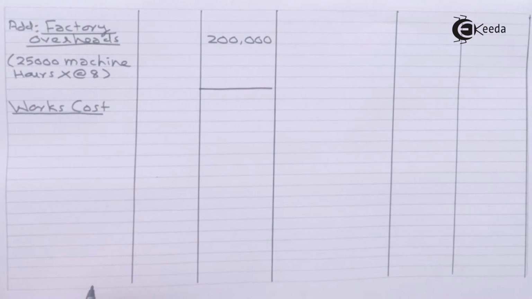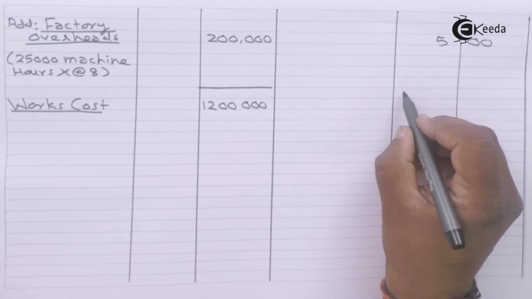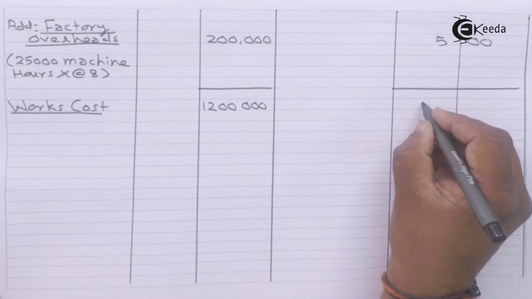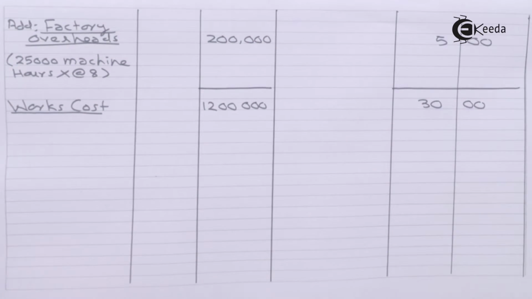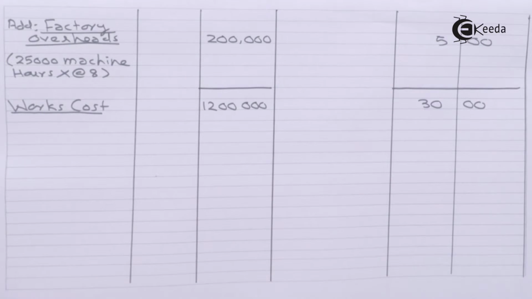Factory overheads rupees 2 lakhs. This will be added to prime cost. Total works cost 12 lakhs. Per unit it is rupees 30.